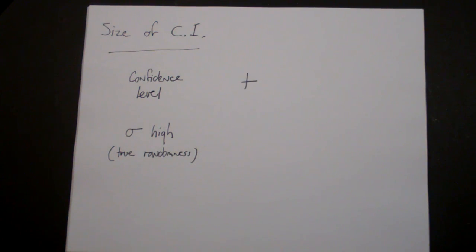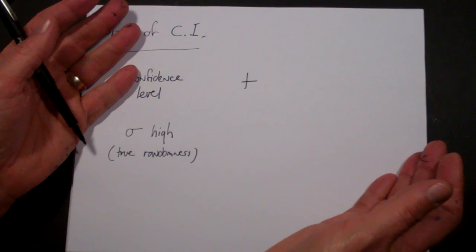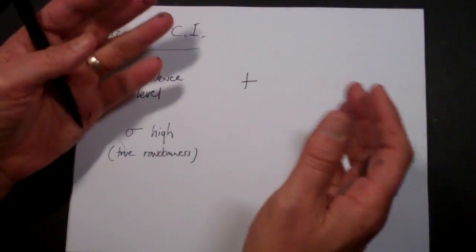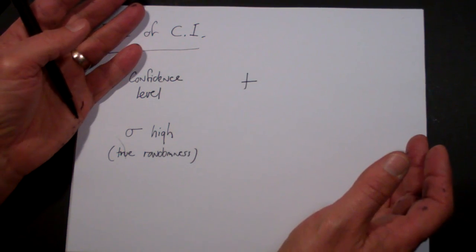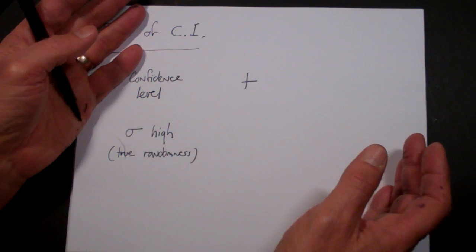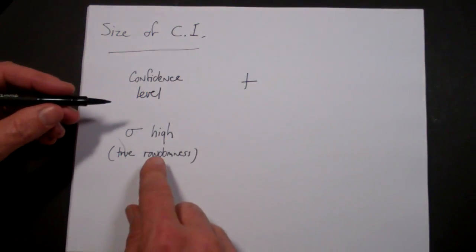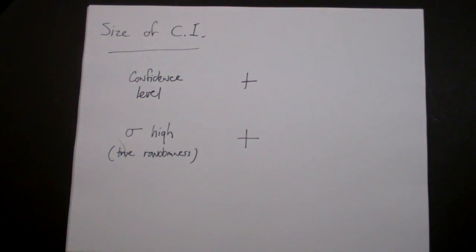If you were studying something which was more random, then to be confident you would have to have a wider range of estimates, or a wider confidence interval. If you were studying something that wasn't very random, then you could have a smaller confidence interval. So the more random the population, the larger the size of the confidence interval.